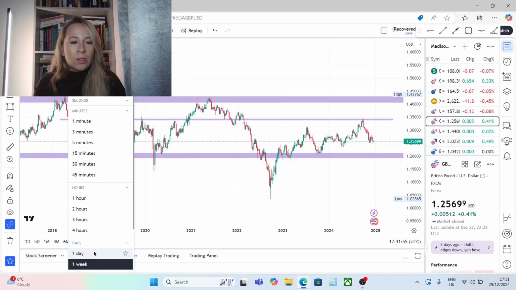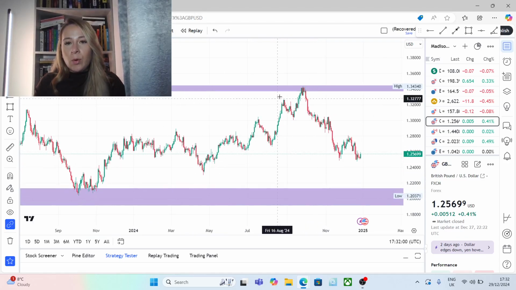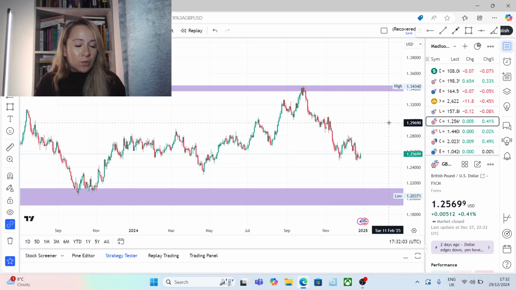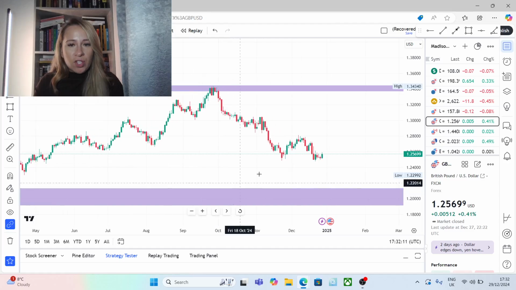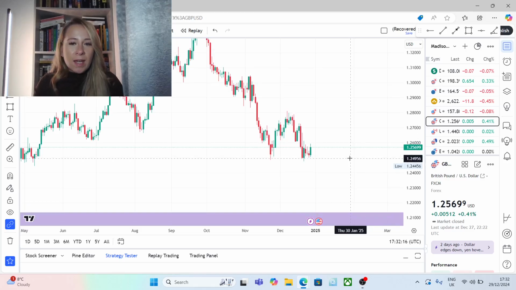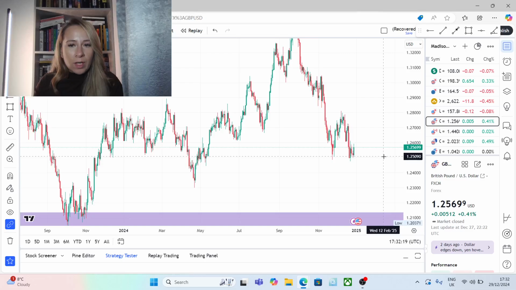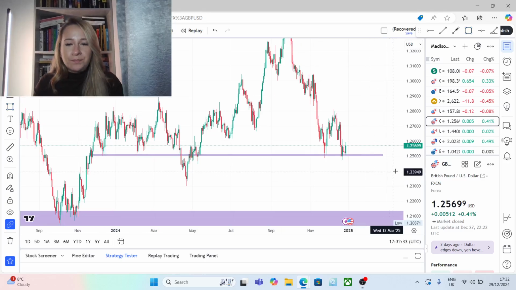Then I'll go down to the daily. And you can just see how price reacts to those particular levels that I've drawn on. So what I was looking at on GU the last couple of weeks, we did have a level here on the daily, just through here, where you can see the price is currently rejecting from.